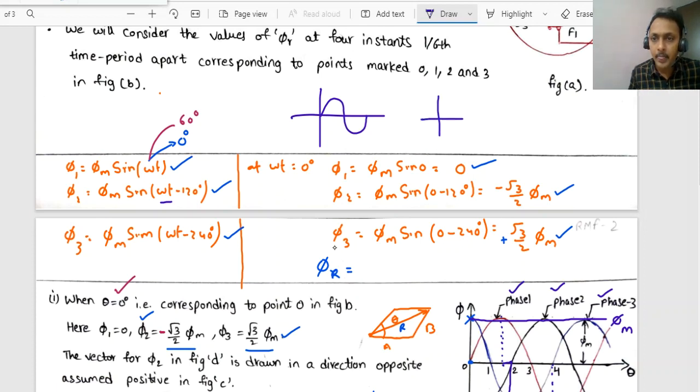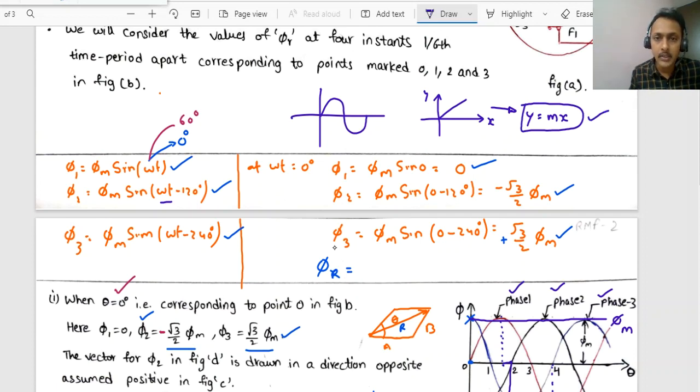For example, if this is the graphical representation, what is the mathematical representation for this one? This is a line passing through the origin. So this is the x-axis, this is the y-axis. For such a waveform, what is the mathematical representation? y equals mx is a line passing through the origin. This is the mathematical equation.